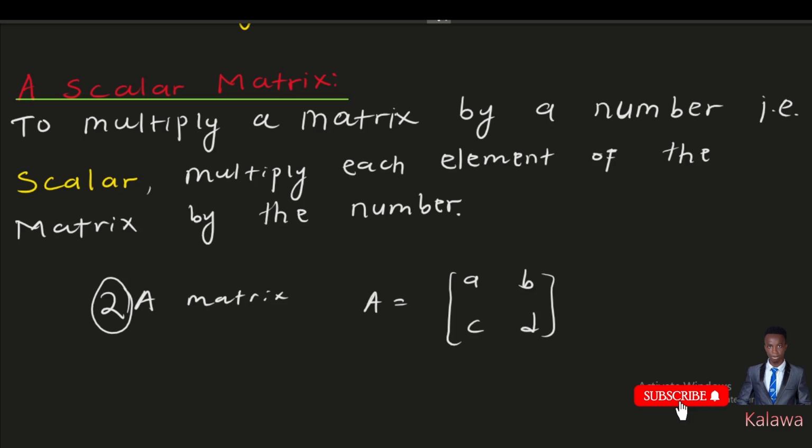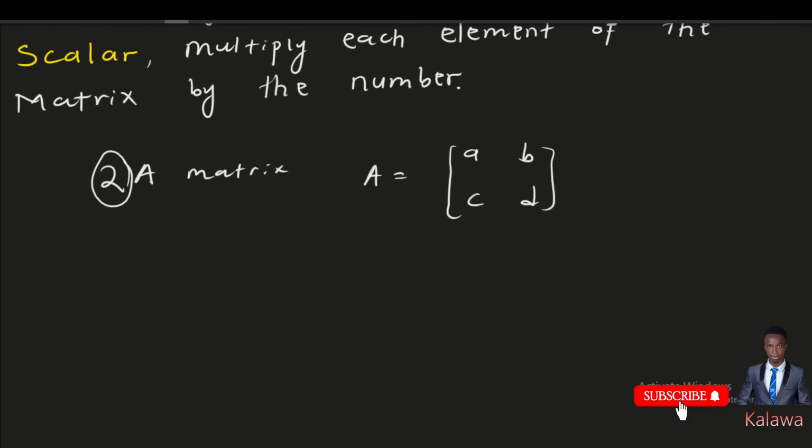In other words, we are going to multiply this scalar, or the number, by each of the elements in the matrix. So this is now going to be 2 into A, B, C, D.